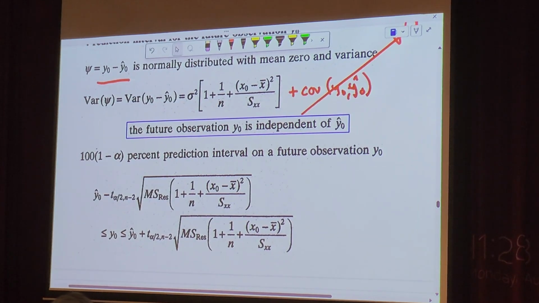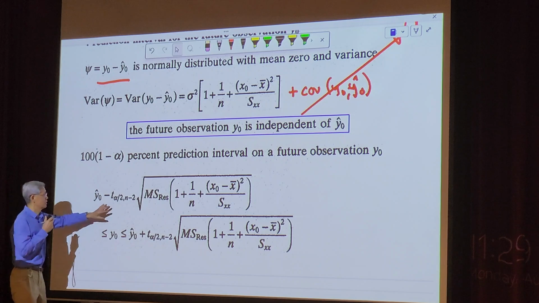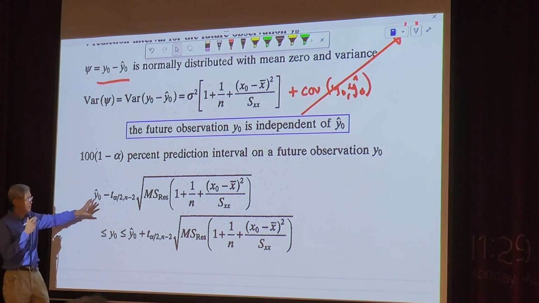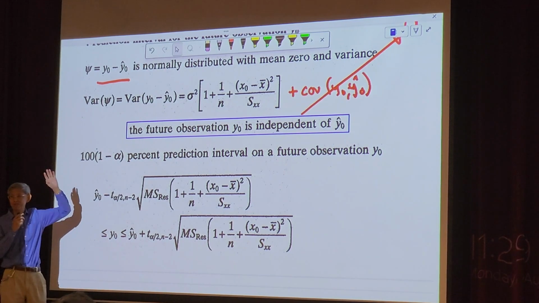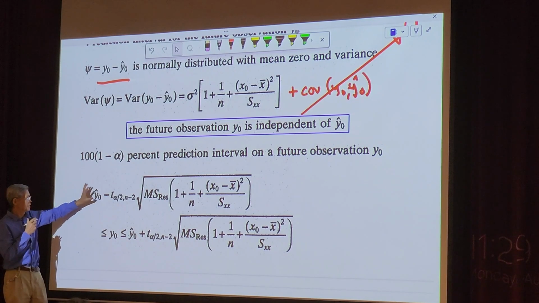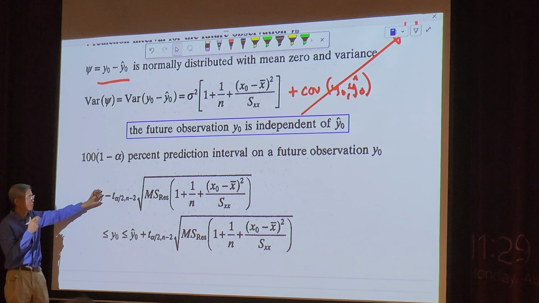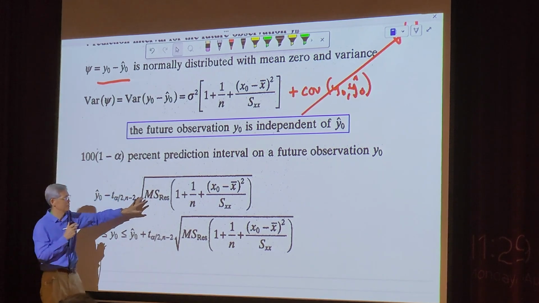So after that, you can then construct the confidence interval based on this variance. Now, if you compare this with the previous confidence interval, this is the same, this is the same, this is the same.